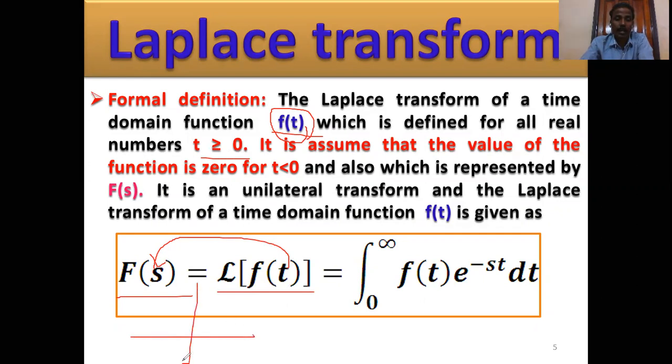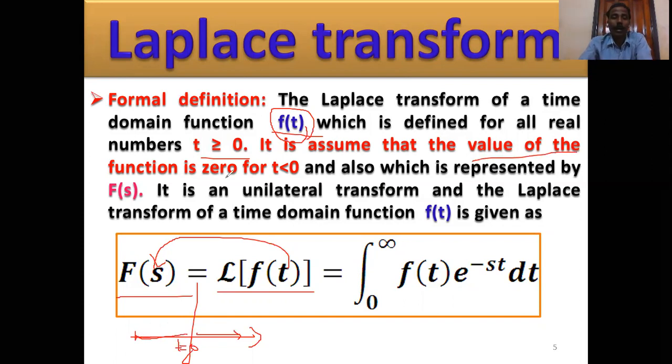Suppose this is the axis, this point is t equals 0, and t greater than 0 is this direction, but t less than 0 is this side.